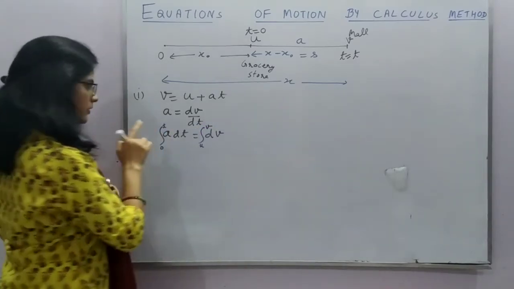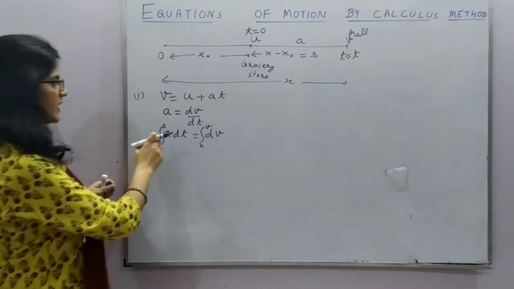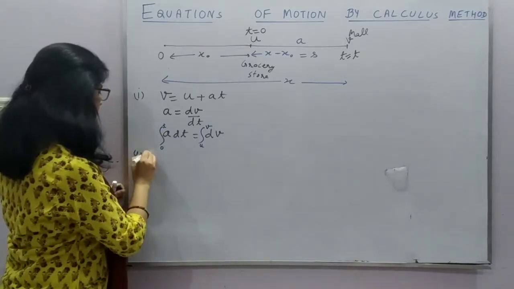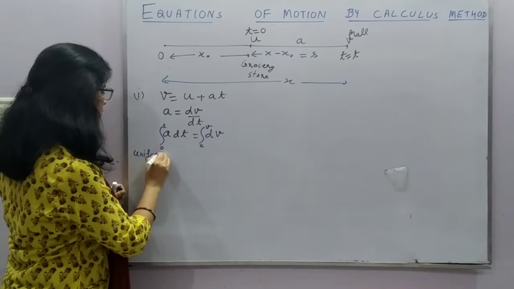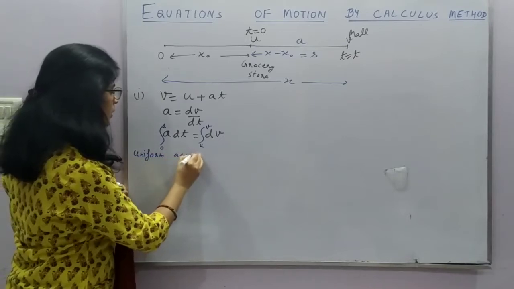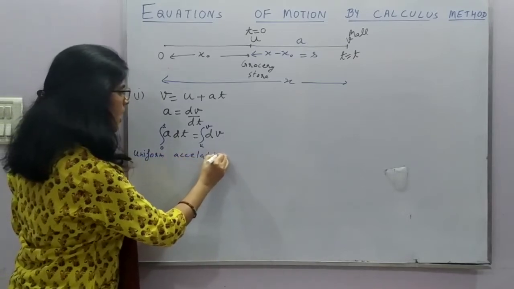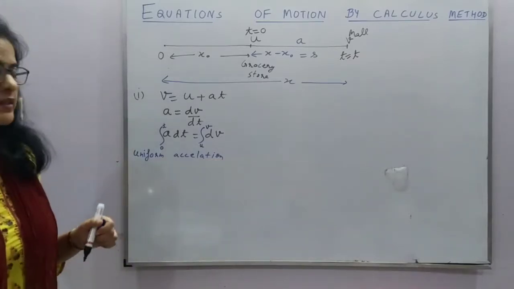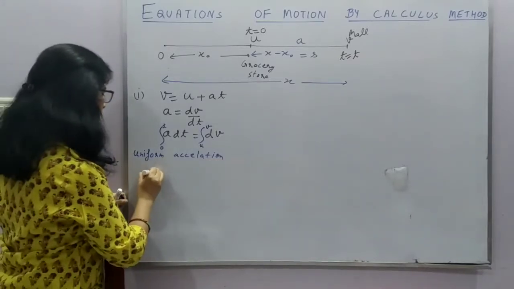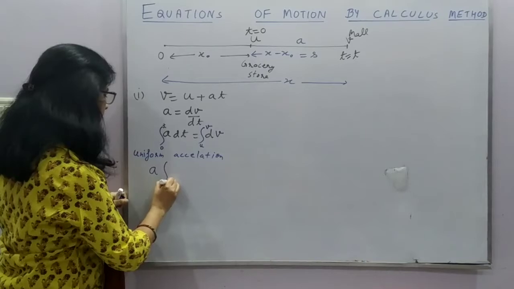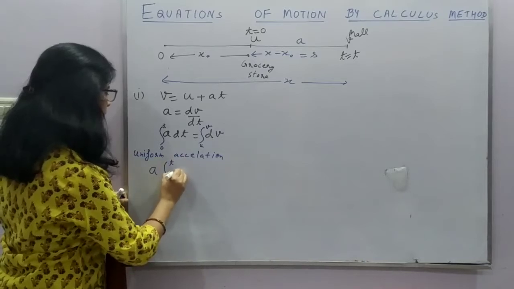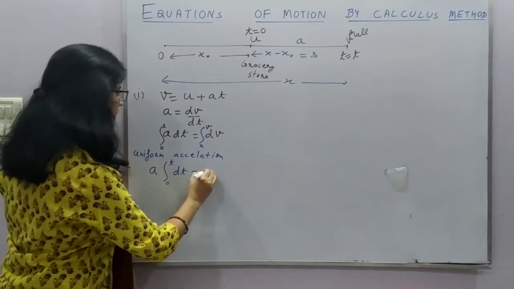So is that clear? Now this a is uniform acceleration, because these equations are for uniformly accelerated motion. So a can be kept outside the integral sign and this can be written like this.